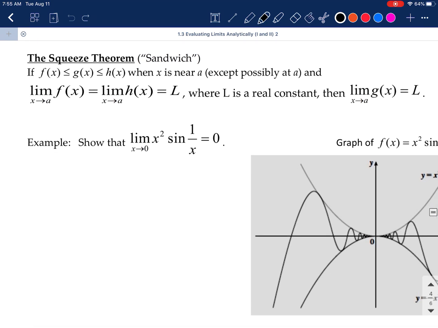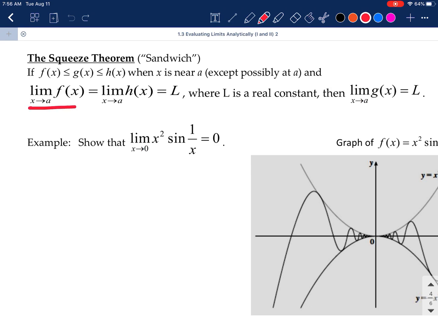So for the squeeze theorem, we do need three functions with some particular properties. So f and h are bounded above and below functions. So f is going to be below g, and h is going to be above g or equal to it. So we can have equality as well. And so g is really the one that we're interested in.